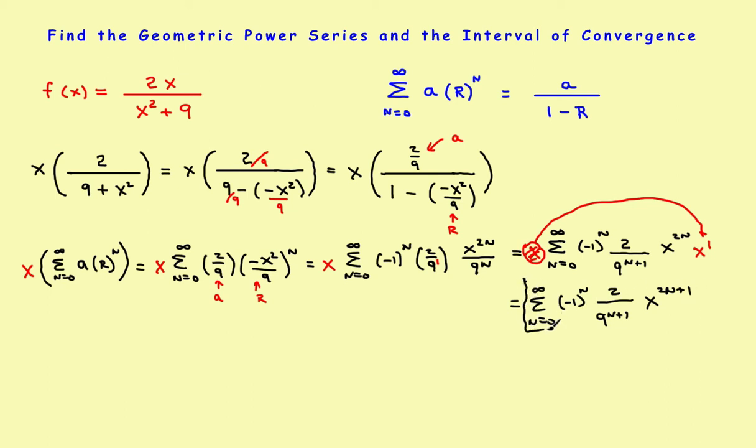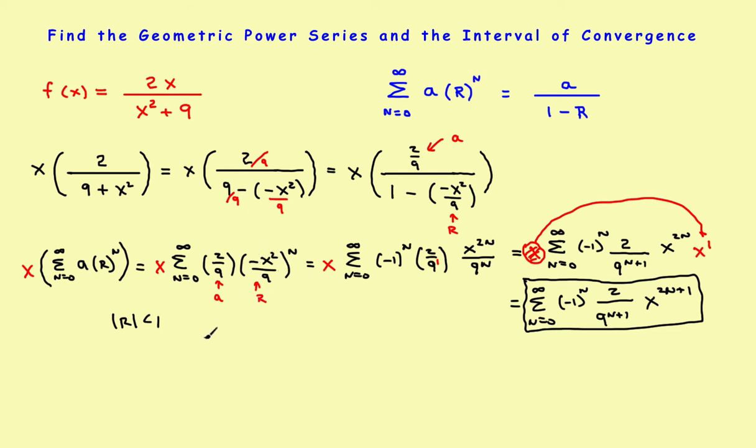So it takes a while to get there, but that's going to be the geometric power series representation of this original thing. Now the next thing you need is the interval of convergence. So just like before, remember you always start with the absolute value of the common ratio has to be less than 1 for a geometric series. And again, to find r, rather than looking over here where you've changed everything around, go right back here to that initial step.